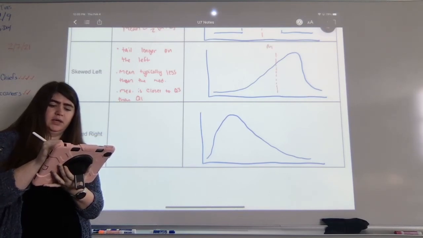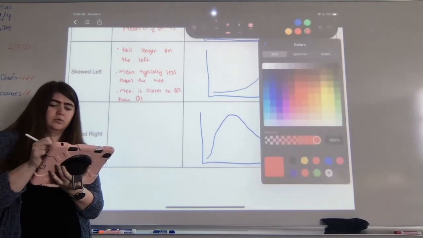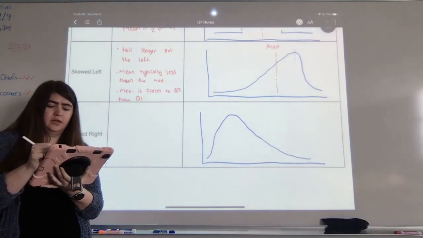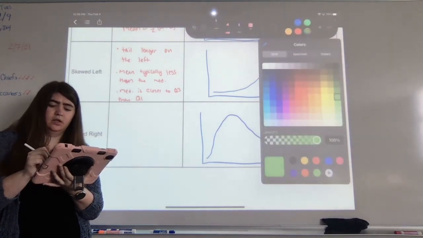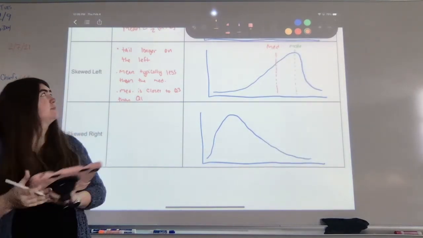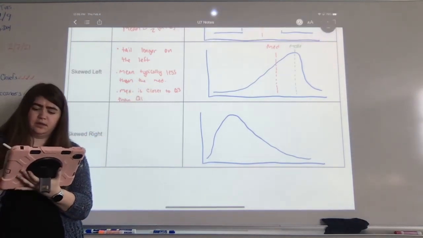So this is your median. But your mode, which is the item that occurs most often in your data, is where the peak is up here. And your mean, which is going to be past the median, because it says the mean is typically less than the median, is going to be somewhere over here.